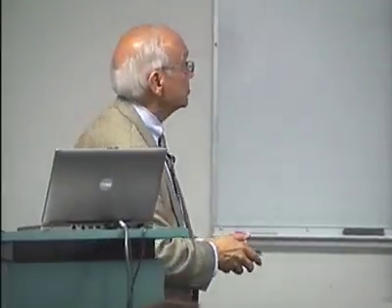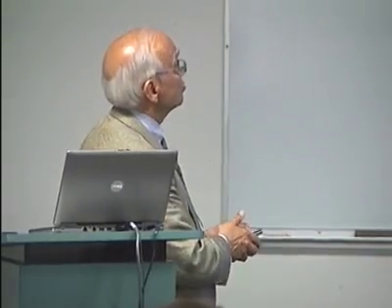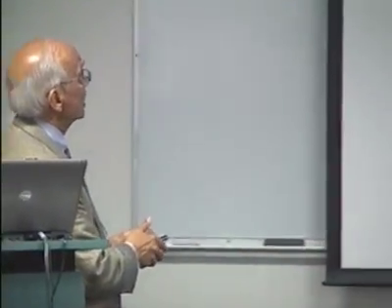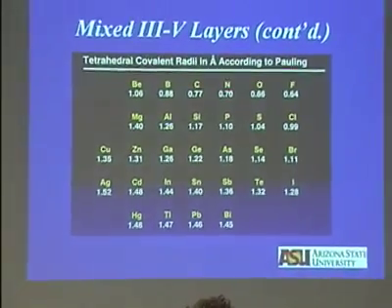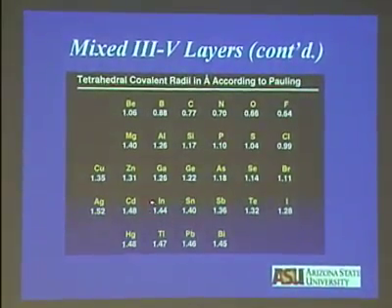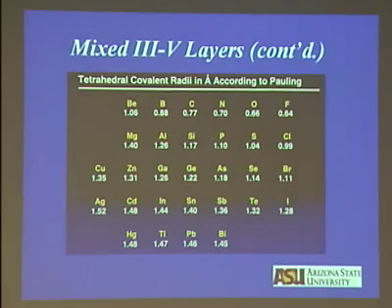Now, why does it occur? There are strain-related reasons. This is stable due to Pauling. You look at the tetrahedral covalent radius of gallium and the covalent radius of indium. The indium atom has a much larger covalent radius than the gallium atom.